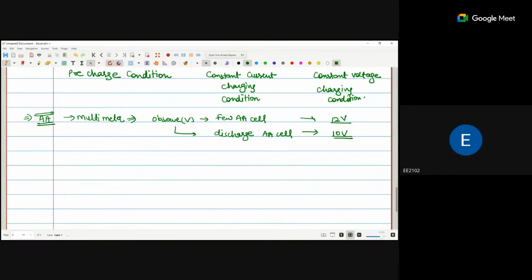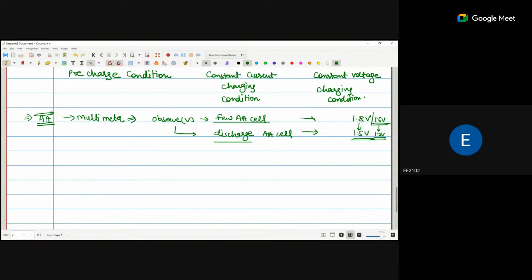The similar case is the double A cell: initially it will be 1.8 volts, or 1.6, and after discharging it goes down to 1.5 volts. When fully discharged, the voltage decreases from 1.5 or 1.6 to 1.2 volts, a difference of 0.3 or 0.4 volt.